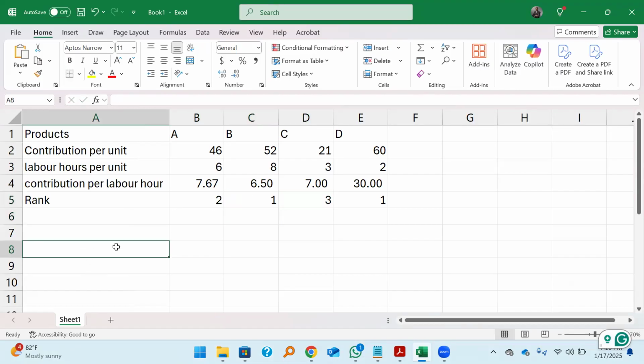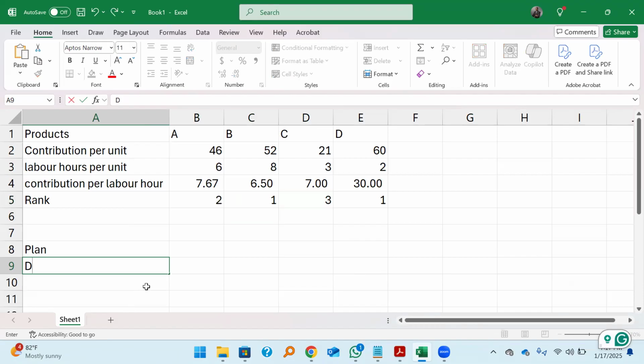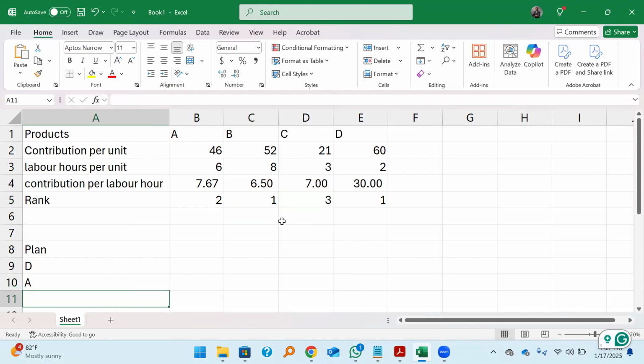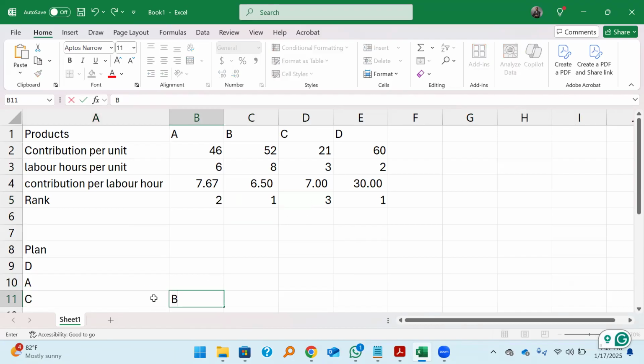Now, when you know this, you can look at the plan that you should use for production. So we start with D, then we go to A, then we go to C and B.